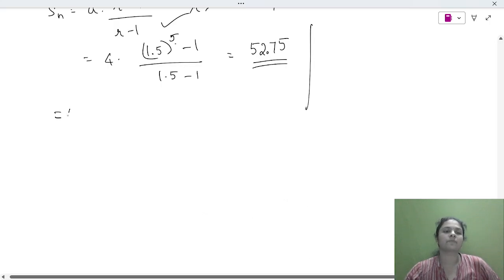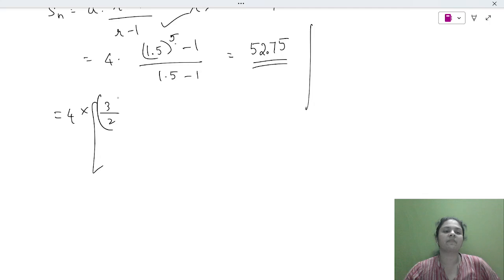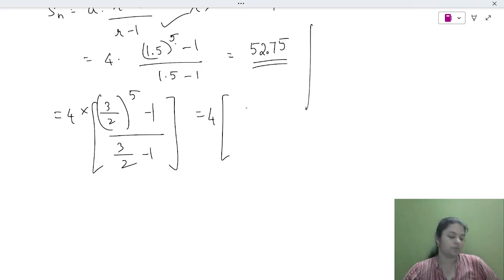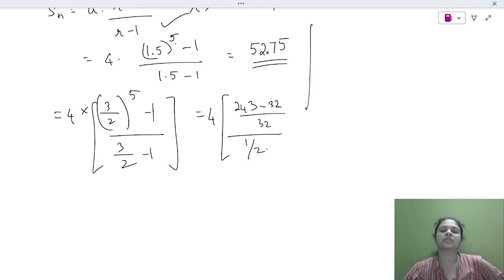This will be 4 into 3 by 2 power 5 minus 1 by 3 by 2 minus 1. So 4 into 243 minus 32 divided by 32. Since we take the LCM, it will be 32 by 32. Divided by 3 by 2 minus 1, if I take 2 as LCM, 3 minus 2 by 2, so it will be 1 by 2.